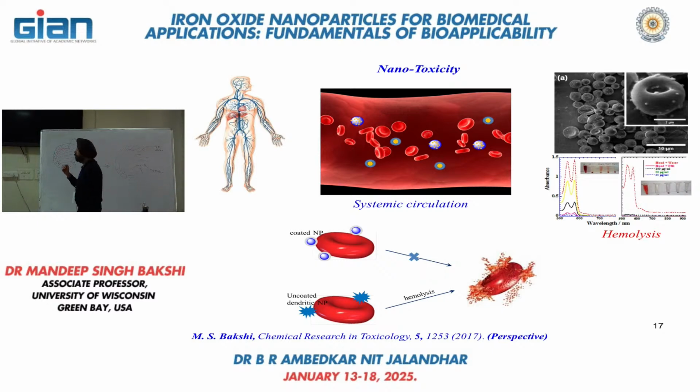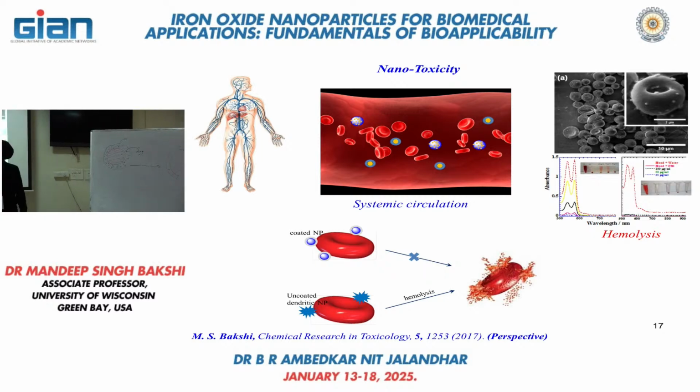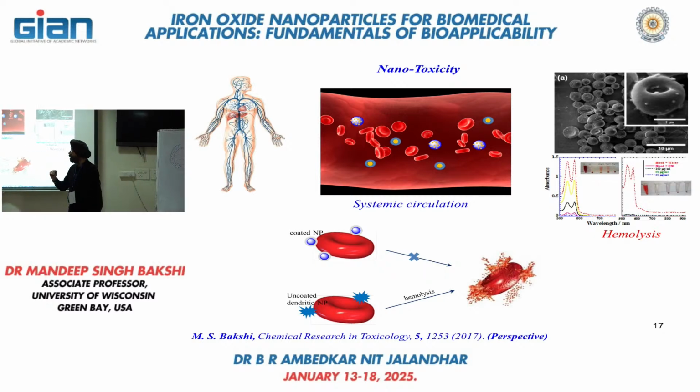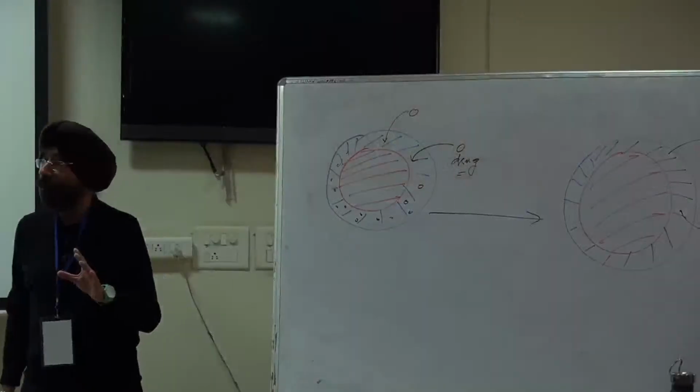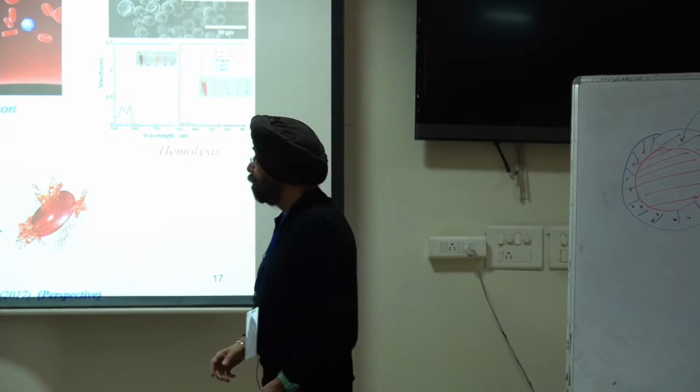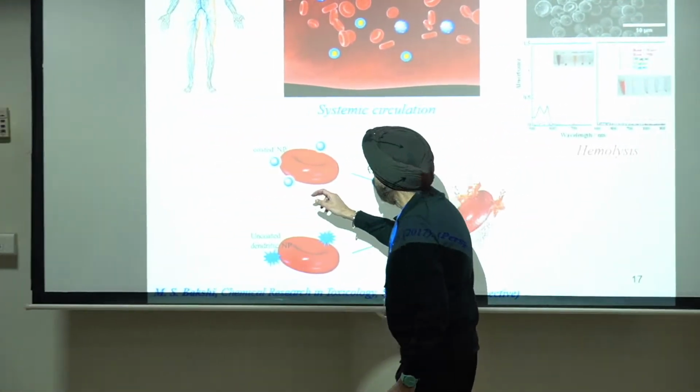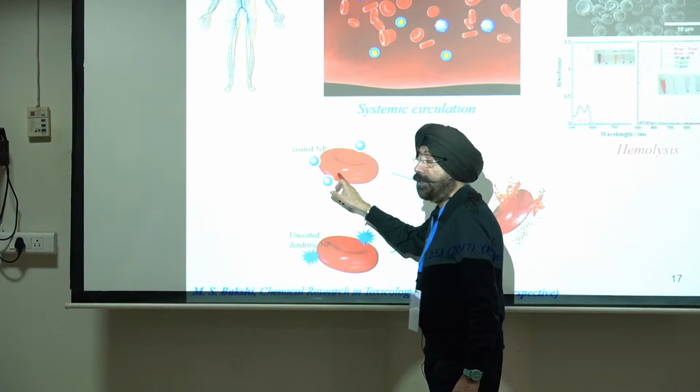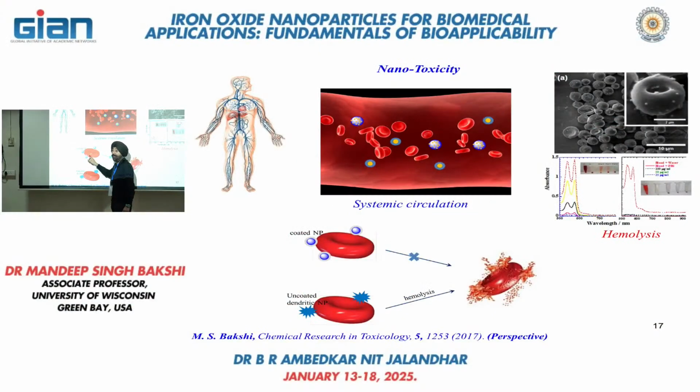Therefore, the free surface of the nanoparticle has to be passivated so that it does not directly come in contact with the cell wall, right? So you see, these are the coated nanoparticles. Exactly, this is the coat of the colloidal stabilization. So you should choose the colloidal stabilization by that kind of molecules. Those molecules should not allow the metal surface to interact with the biological surface of the cell wall.